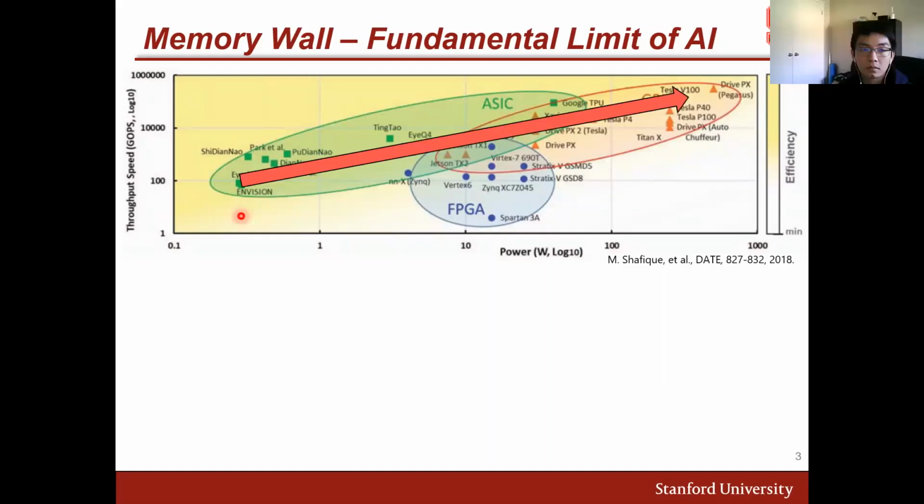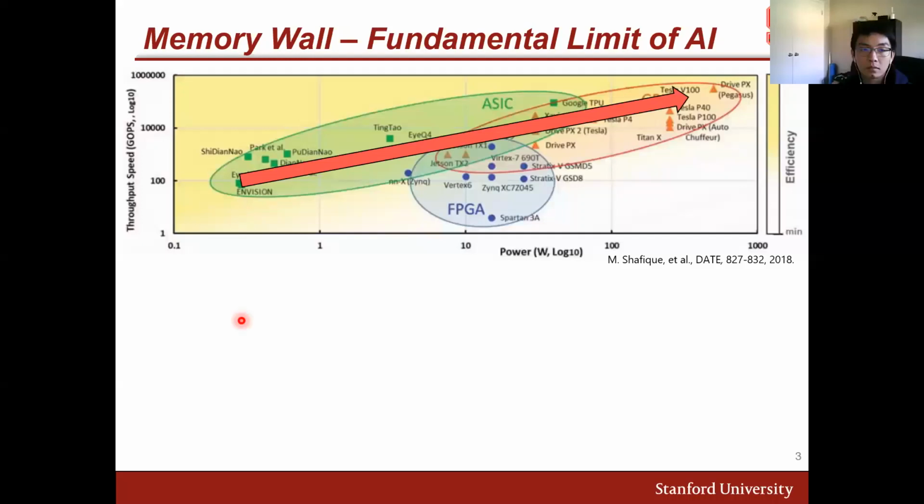And if we consider the future trend going forward, if you want more powerful machine learning models to process more data, you obviously need more throughput and more power. And this is going against the physical limitation. You cannot have a lot of power in a single chip or a workstation. So in that sense, people in the community are thinking, okay, how to tackle this?